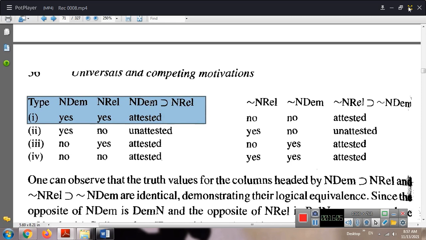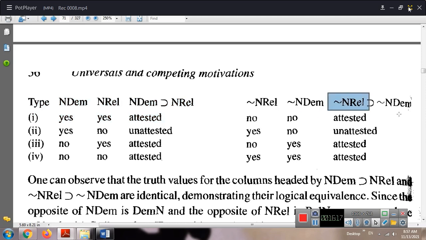But against that, we say not non-relative, not non-demonstrative. If a language is not non-relative, it is a Q. Then it is not non-demonstrative, which is P.